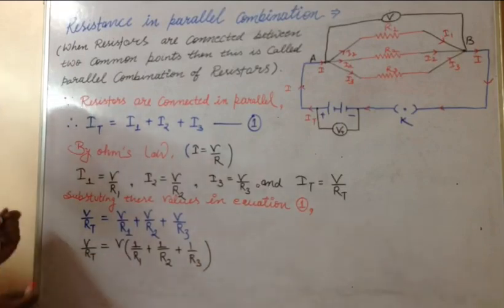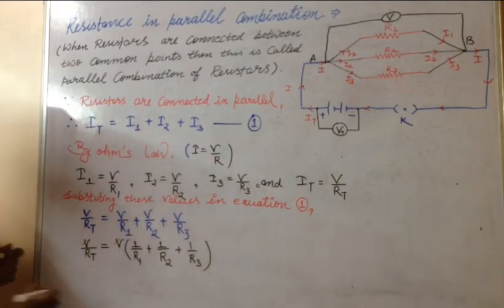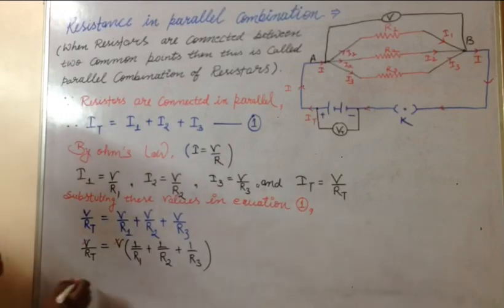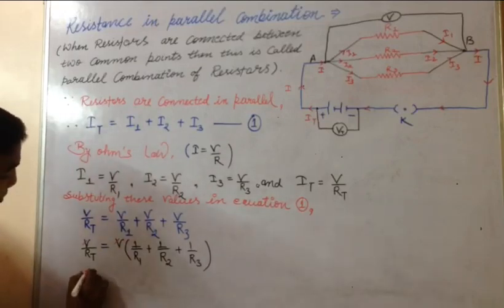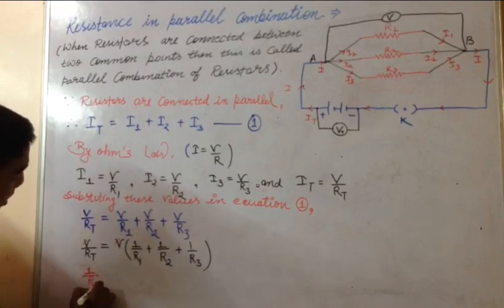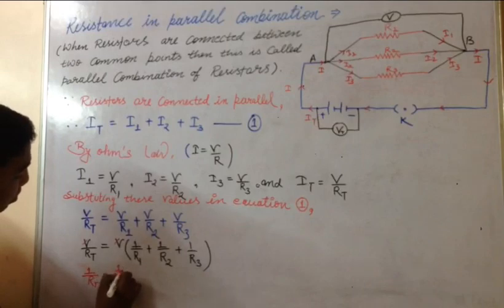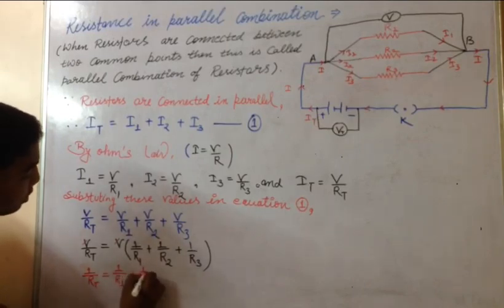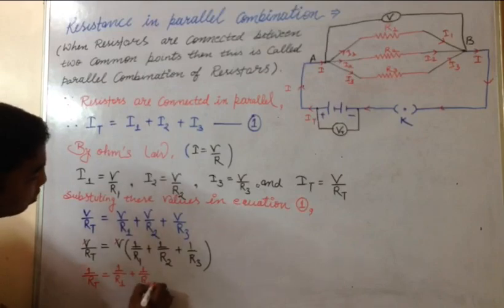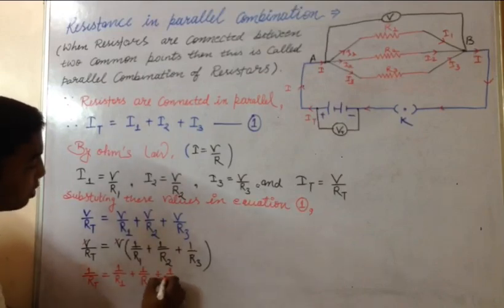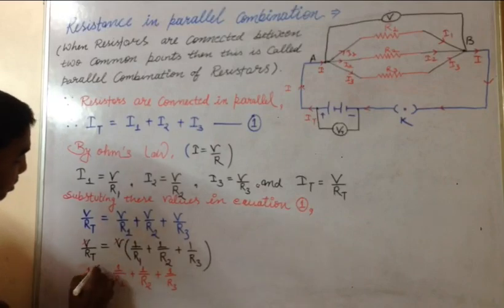Here we can clearly see V and V are cancelling. So at last we reach the conclusion that 1 upon RT is equal to 1 upon R1 plus 1 upon R2 plus 1 upon R3.